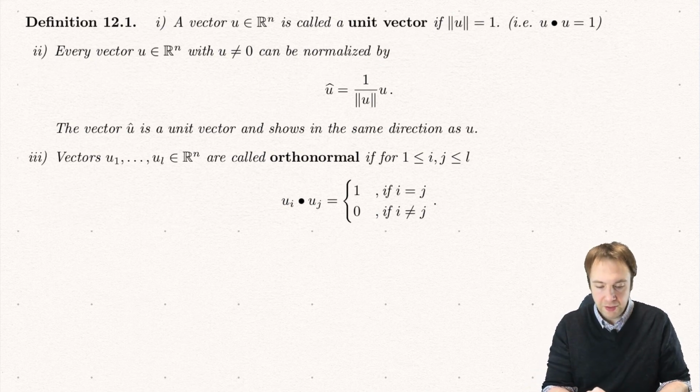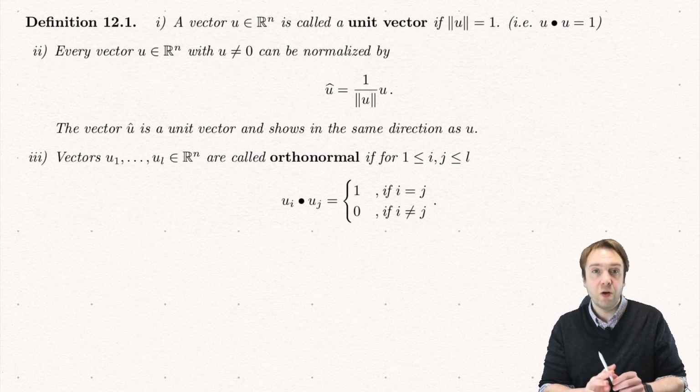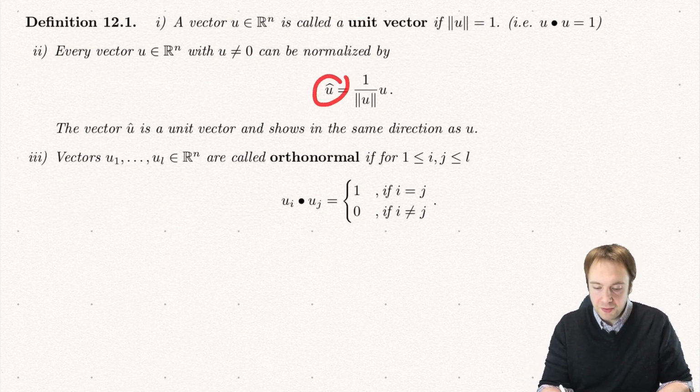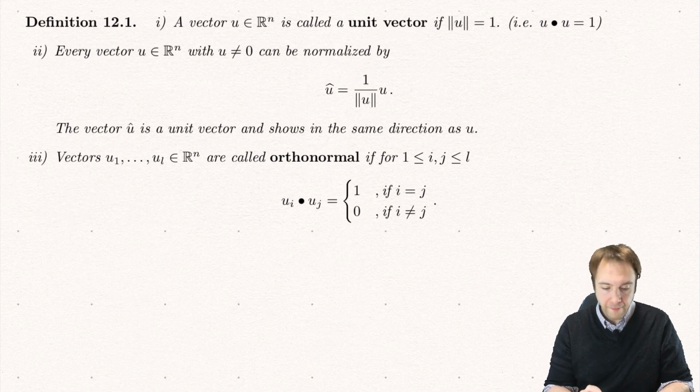And if I have an arbitrary vector which is not the zero vector, then I can always change the length of this vector to make it a unit vector. And the notation we use here is this u hat. What we need to do to make it length 1 is just divide by the norm.